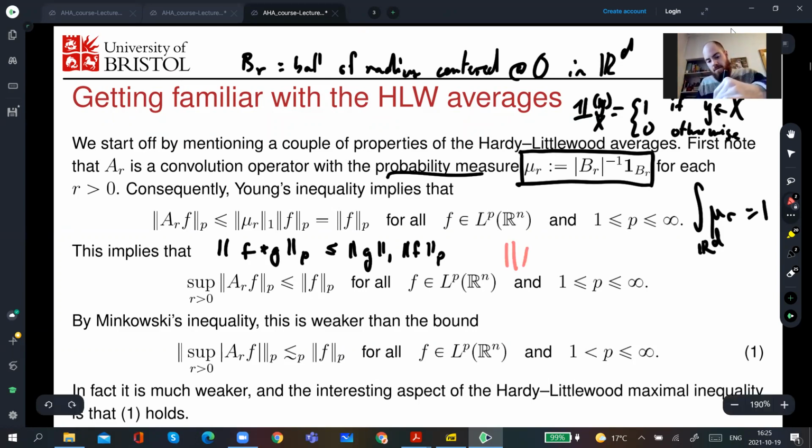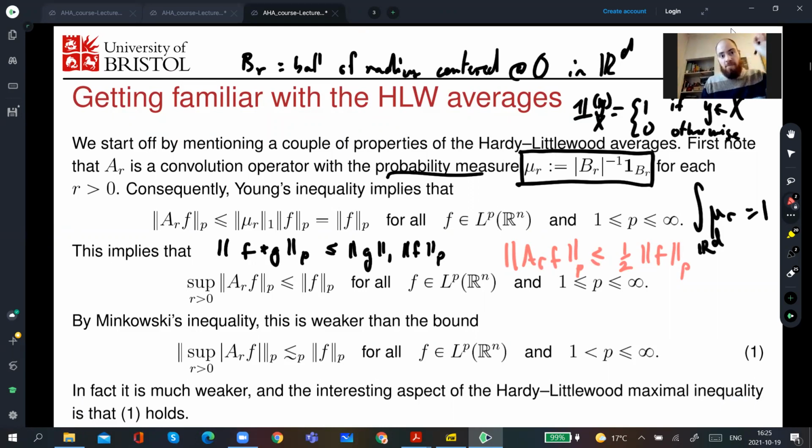the norm of A_r f is less than 1/2 of the norm of f in LP for all f. It can happen for some f, but not for all f, by just taking the function that is 1 in a big box and expanding it.